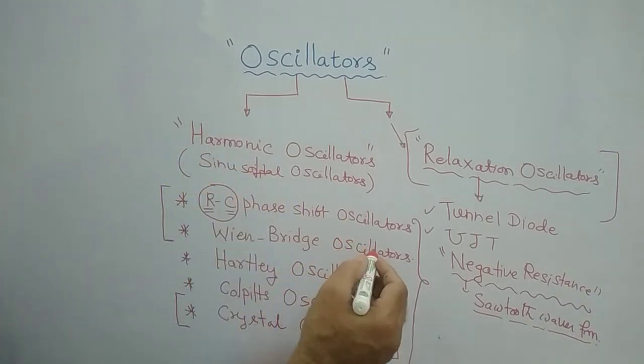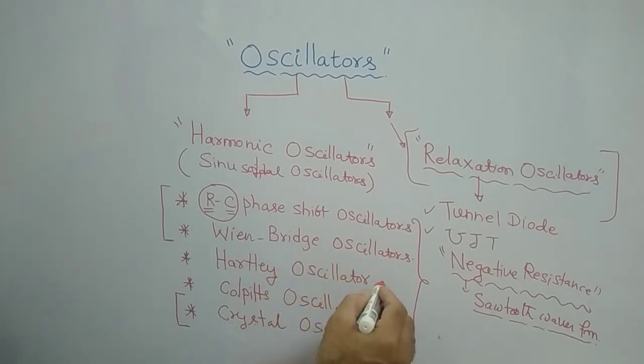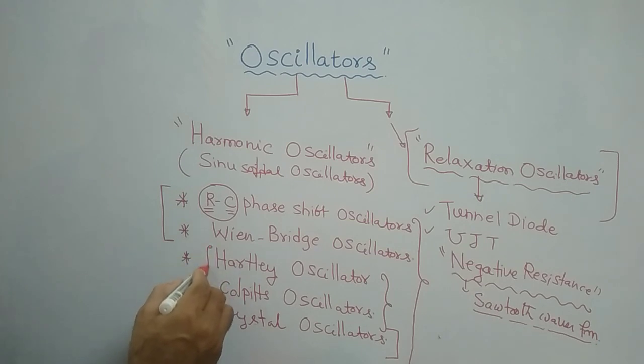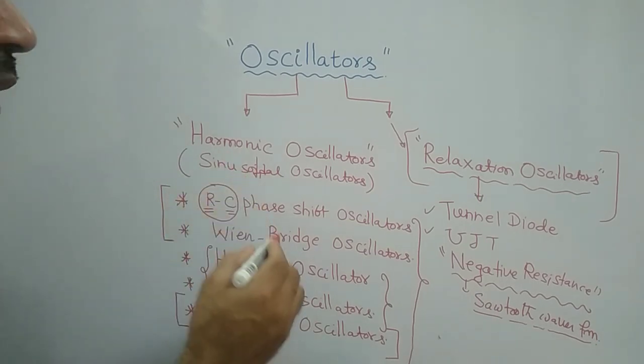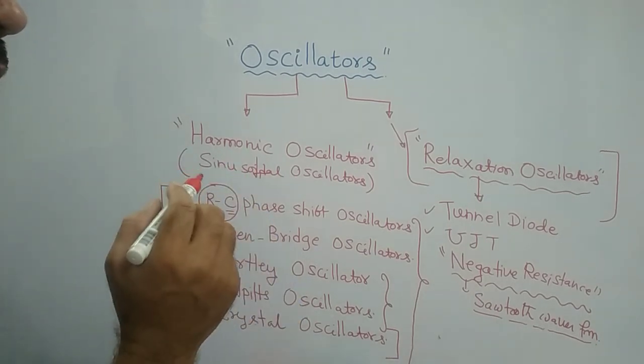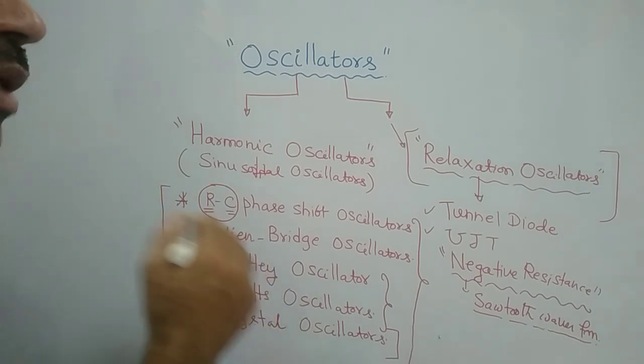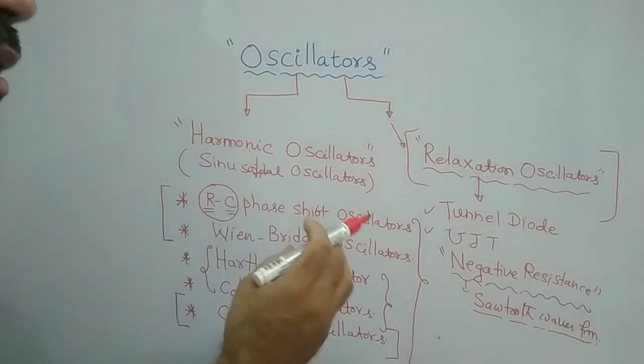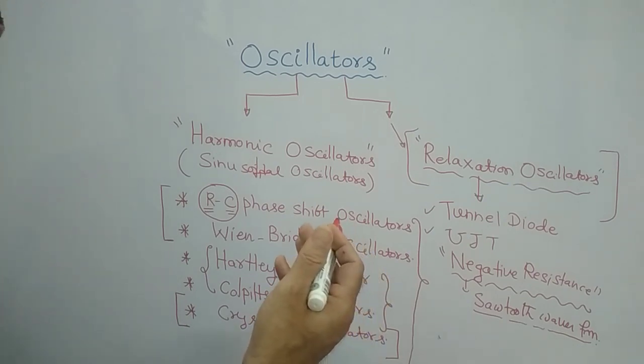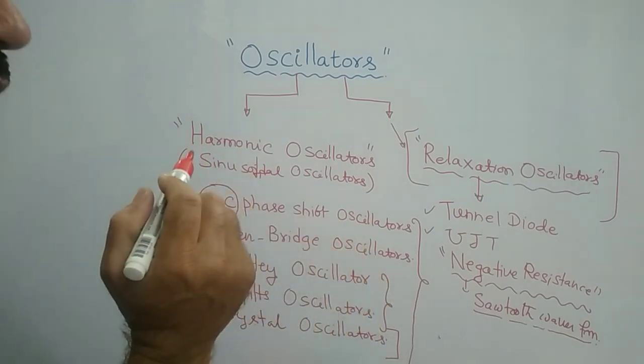And coming to the remaining two, the Hartley oscillator and the Colpitts oscillator, these oscillators use inductances as well as capacitances as elements in their feedback networks.